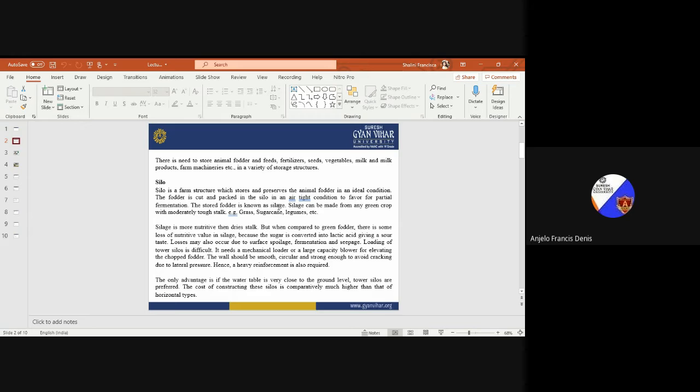In the market nowadays, different shapes, designs, and capacities of silos can be very commonly seen, with sizes varying from a few kgs to several tons.